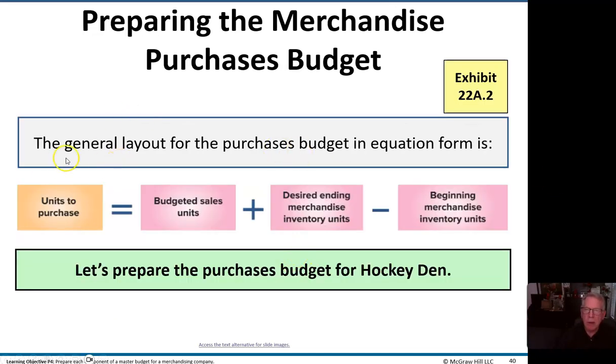And we prepare that merchandise budget pretty much the same way we do for manufacturing. Here, our units to purchase are going to be our budgeted sales in units, plus our desired ending inventory. We'll add that and subtract out our beginning merchandise inventory.